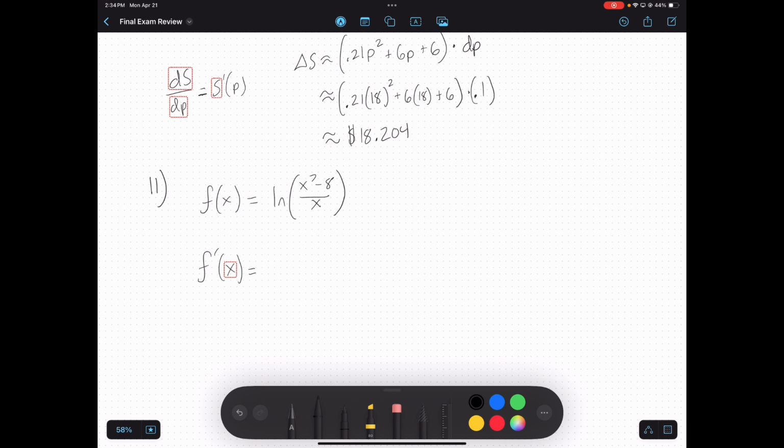What is this derivative going to require? It's going to require quotient rule, potentially, and chain rule, right? Potentially chain rule and quotient rule.